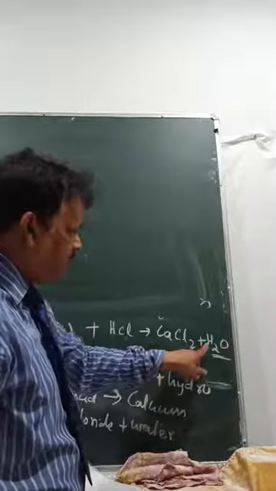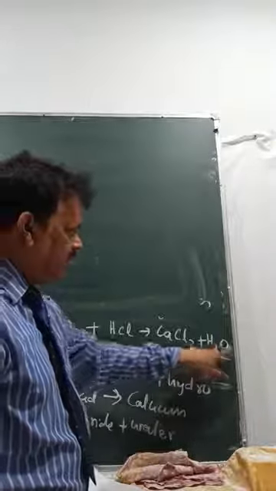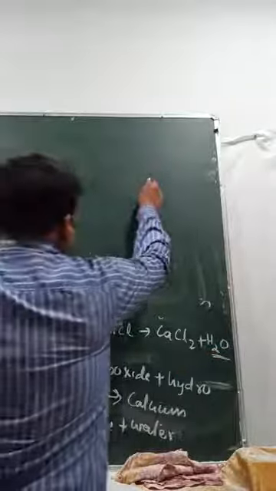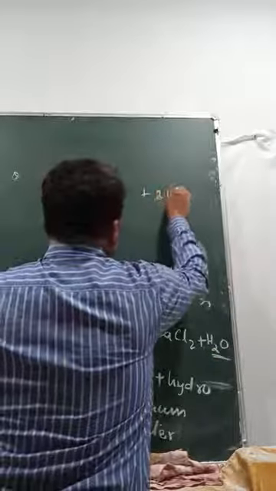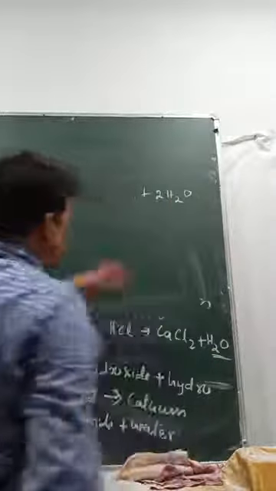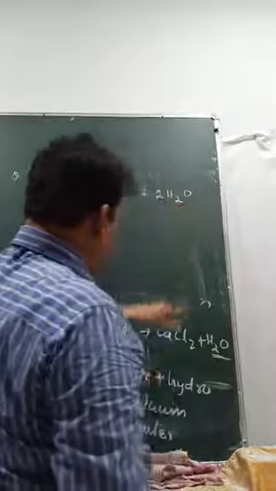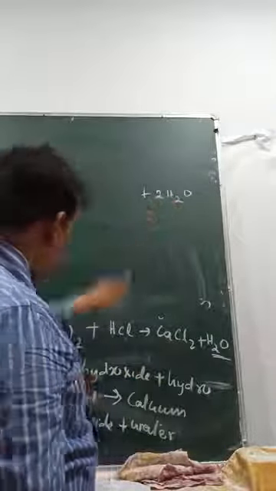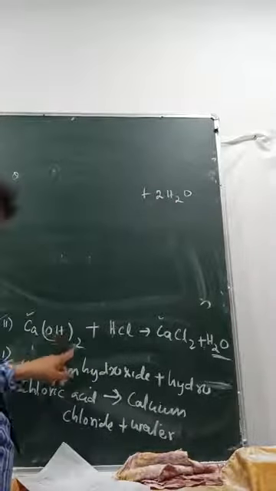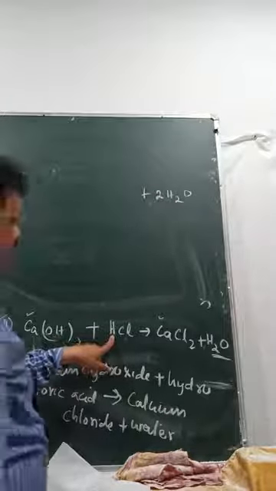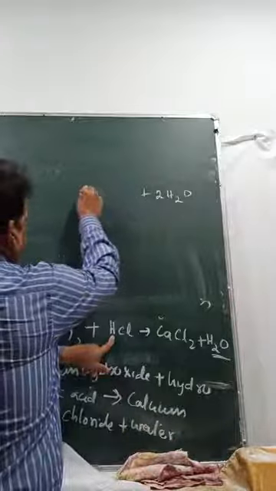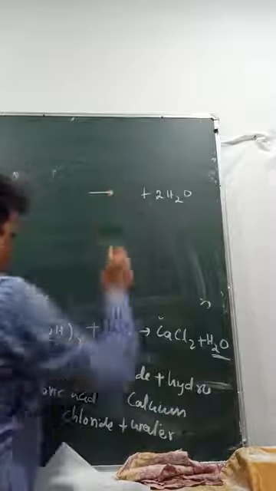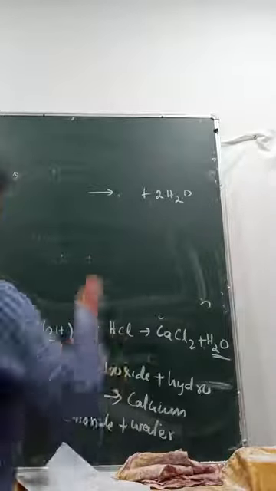If you multiply by 2, then you get 2 oxygen, but it becomes 4 hydrogen. But on the other side it is 2 hydrogen plus 1 hydrogen, which is 3. So what do I have to do? I have to write here 2 HCl.